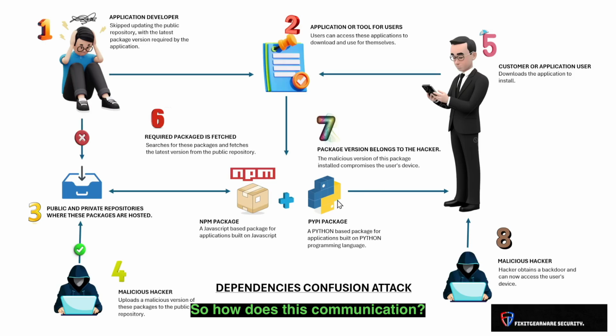So how does this communication happen? Now, when you try to install, let's say, a Python package, right? A set of rules are created in a file known as requirements.txt. Those are rules that specify the necessary packages that are required, or that need to be satisfied, before this user is able to use this application.